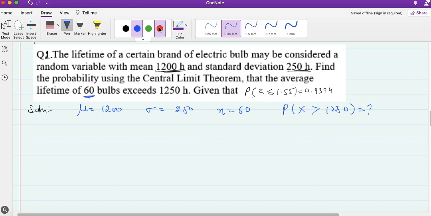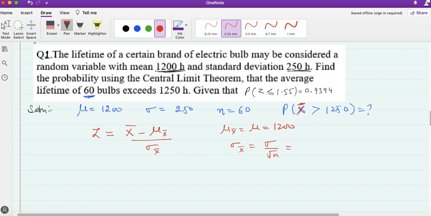Now before switching over to the problem, let us first write down our main entity that we want to convert. Sorry, here it is x bar. So we want to convert z equals x bar minus mu of x bar, which is the same mu, equal to 1200, and the standard deviation of x bar is the standard deviation divided by root n.